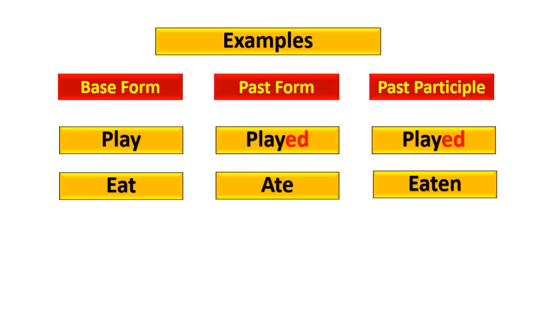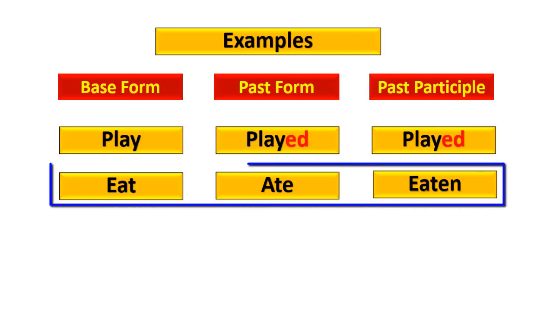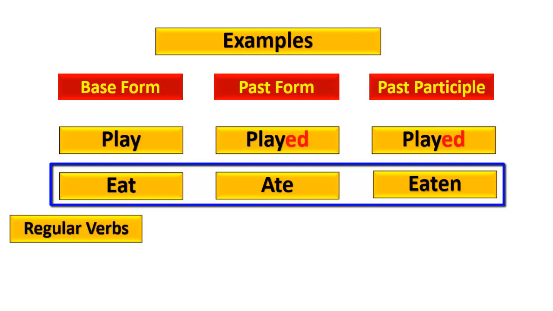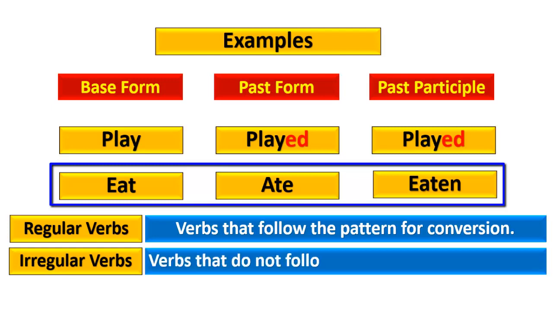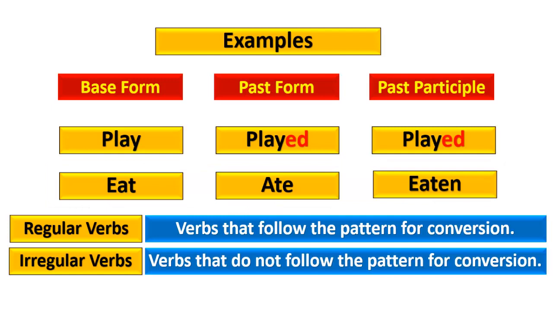But in the next example, we didn't use such a pattern. So a verb that follows the pattern for conversion from present to past, and from past to past participle, is a regular verb. And a verb which does not follow the pattern for conversion is an irregular verb.